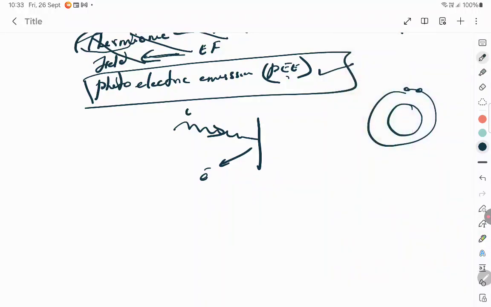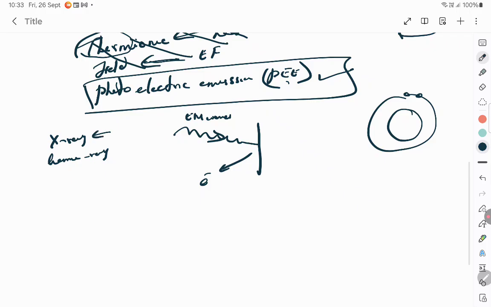What are these electromagnetic waves? You know, sunlight is also an electromagnetic wave, but I'll tell you, electromagnetic waves are those such as X-ray, gamma ray. Gamma ray is also radioactive. X-ray is used for medical purposes. They take X-rays when your bone is cracked. Gamma rays are used in cancer treatment.